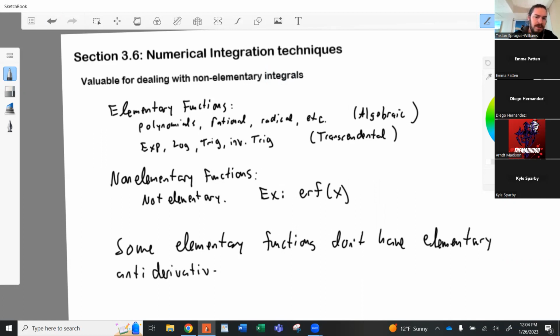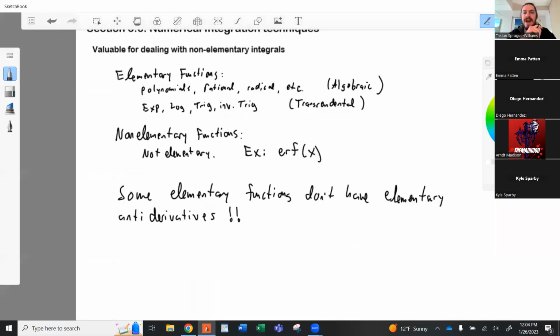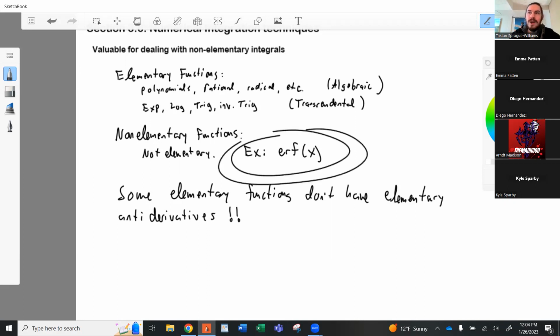And this is the problem. Because if it doesn't have an antiderivative that is an elementary function, then how do you evaluate it? What the heck even is it if it's not one of these elementary functions? What is ERF? What is ERF of x?